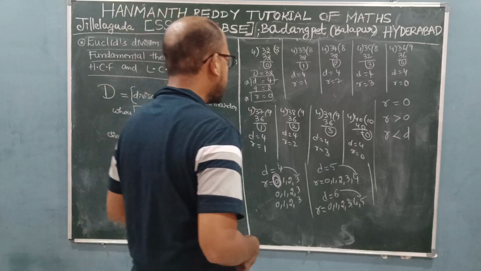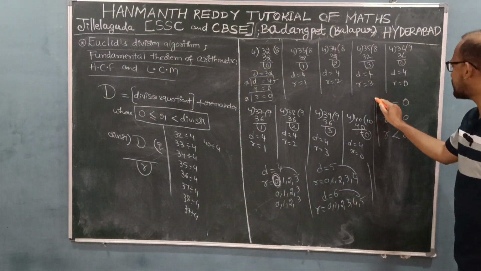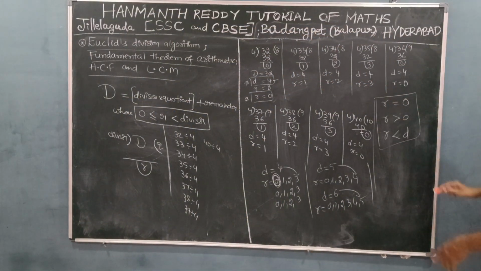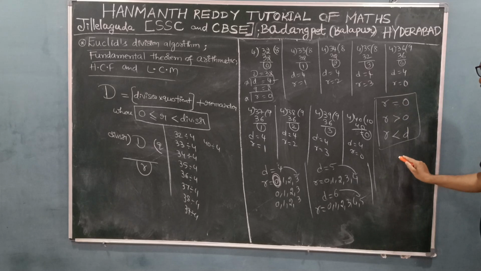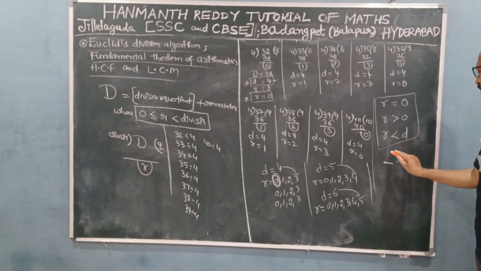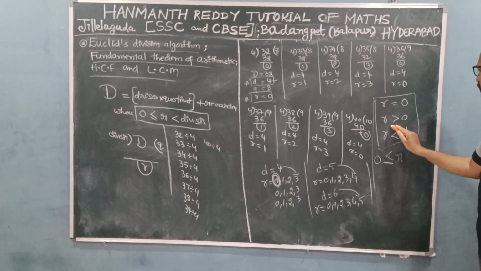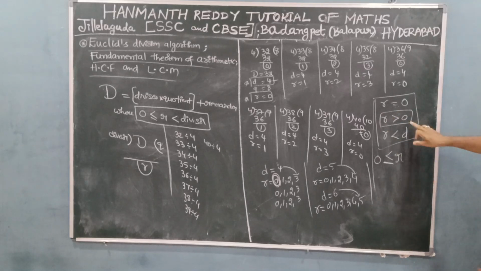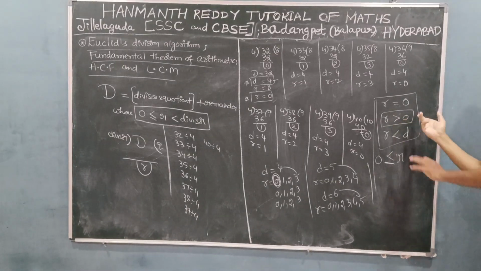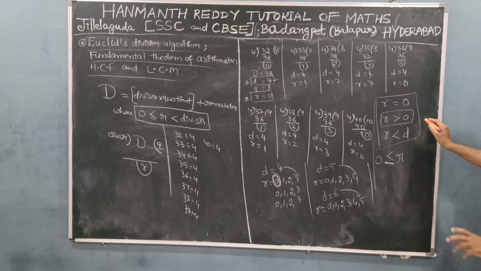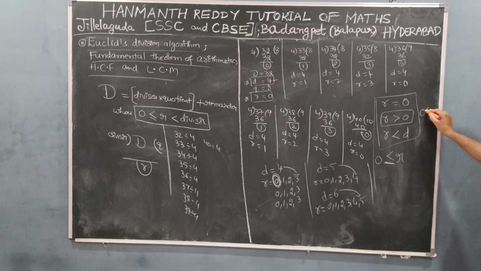Now these three conditions combined together can be written like this: the remainder can be 0, meaning the equal to symbol, or the remainder can be greater than 0. If you write this in reverse direction, that is 0 less than remainder.